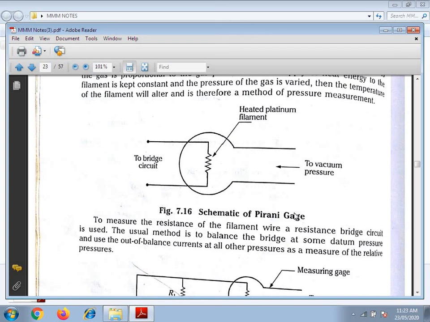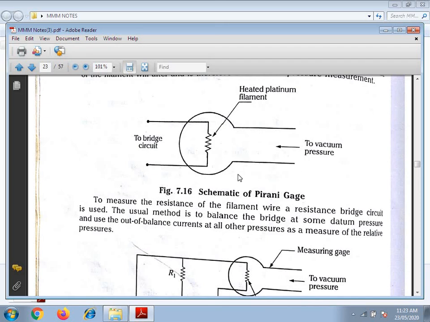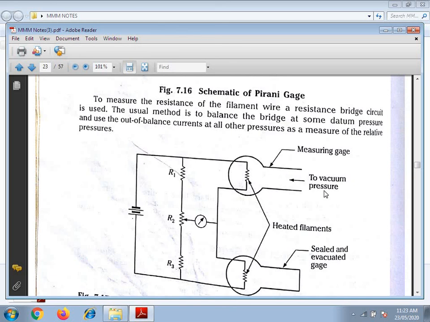If the supply of heat energy to the filament is kept constant, and the pressure of the gas is varied, then the temperature of the filament will alter, and this is therefore a method of pressure measurement. Okay, so this is a single one. In a similar way, a double one can also be used for vacuum pressure. It also works on the same principle.